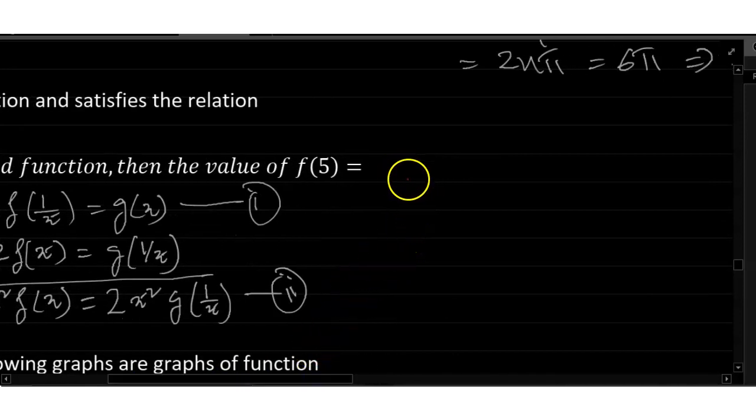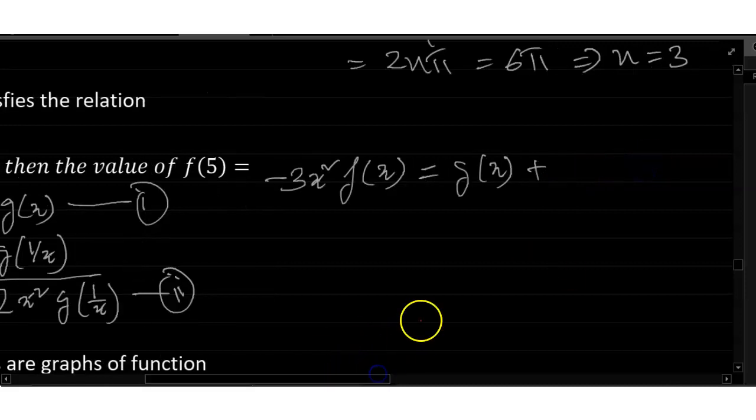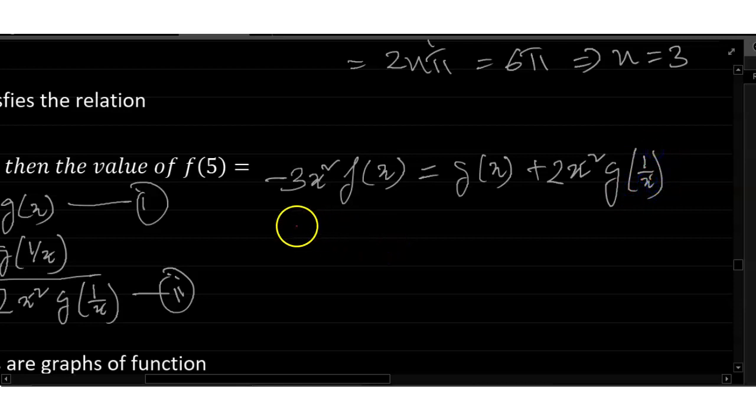So 3x square f(x) is equal to g(x) plus 2x square g(1/x).